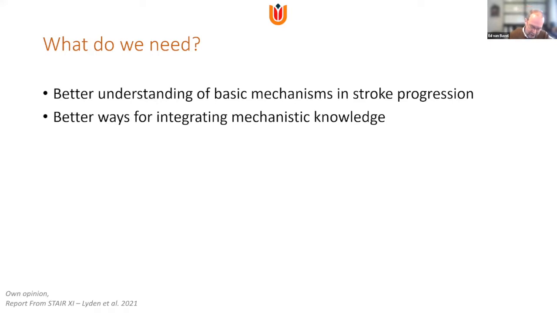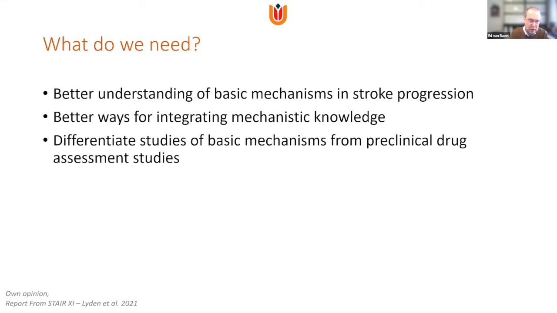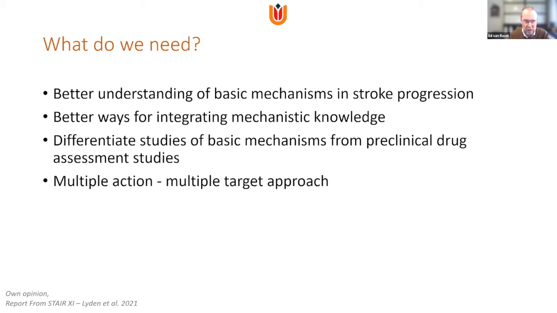Mechanistic studies in biology in general have been very reductionistic, and there are not enough attempts to combine them. I think it's also important that we separate understanding of basic mechanisms from animal studies trying to generate new possible drugs. Those are 2 different things, and you should be clear about what you're doing.